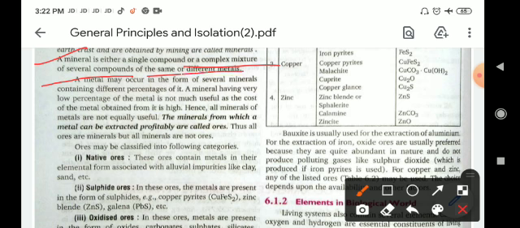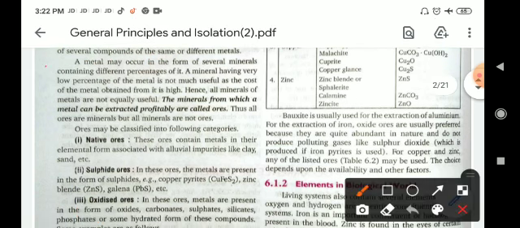A metal may occur in the form of several minerals containing different percentages of it. A mineral having a very low percentage of the metal is not much useful, as the cost of the metal obtained from it is high. Hence all the minerals are not equally useful.